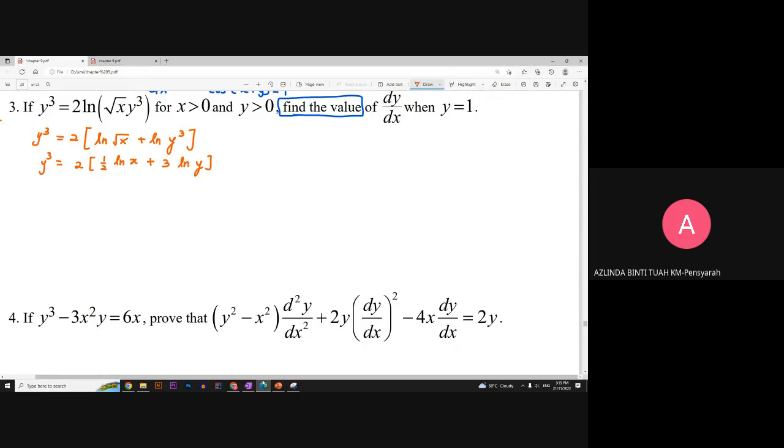Okay, then I expand 2 masuk ke dalam. So hopefully this is the simplest question that we can have. Okay, lepas tu dah dapat simplest question, barulah easier for us to differentiate.